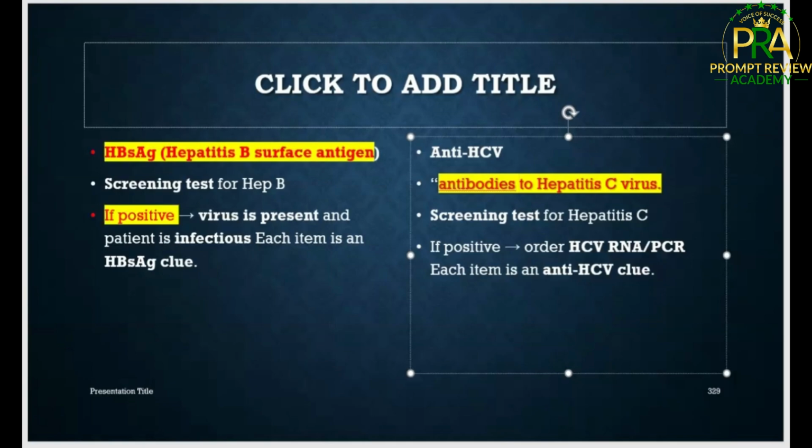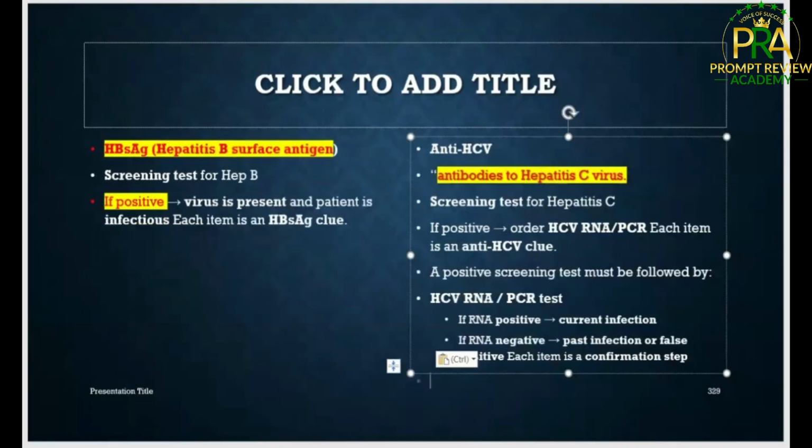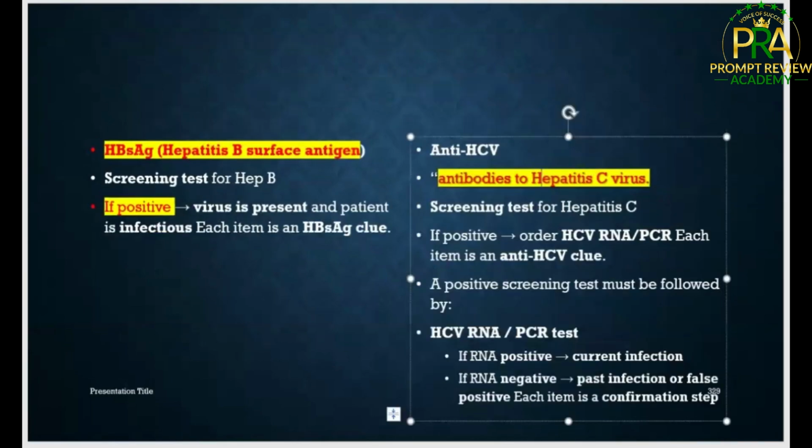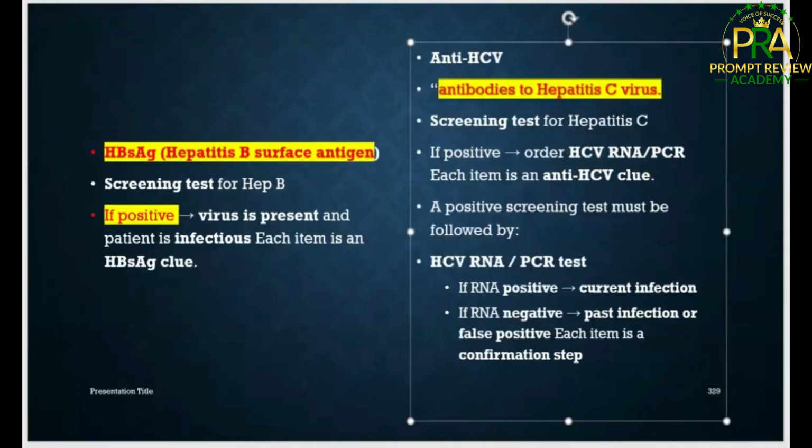If that antibody is present, they are going to do an RNA test or PCR test, because it helps to show whether it is a current infection, a past infection, or a false reading. Just remember, anytime somebody has the antibody present, they can go further to test the person.